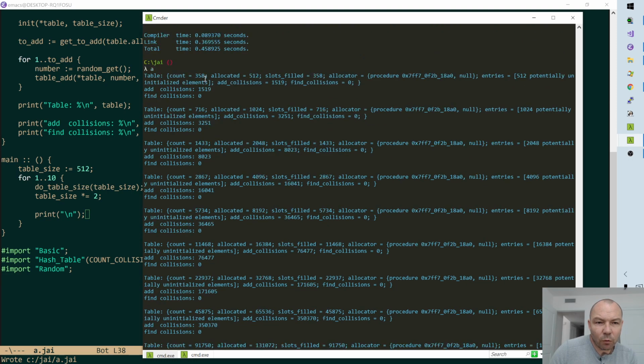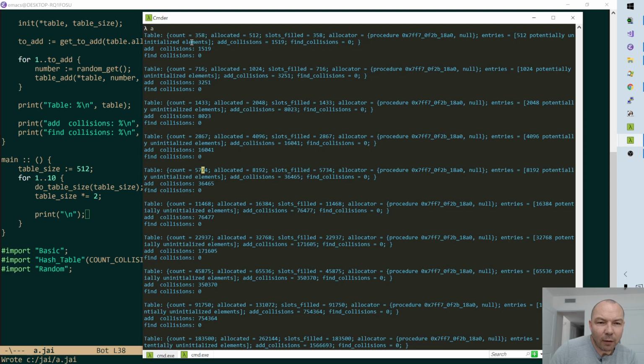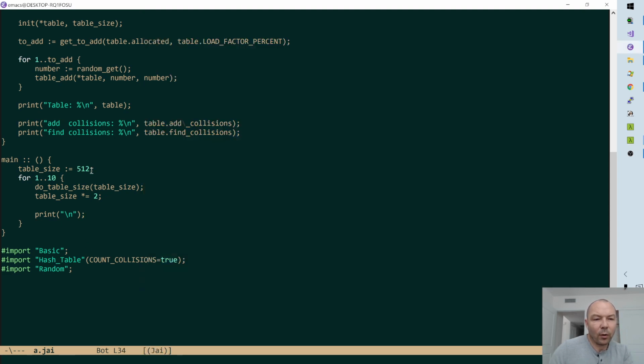Here, the number of collisions is also bigger, but it's like 5 times. What about in the middle? This is more than 5 times. So it appears that we have a lot of collisions, but it does get worse as the table size goes up. Let's go up by even more.